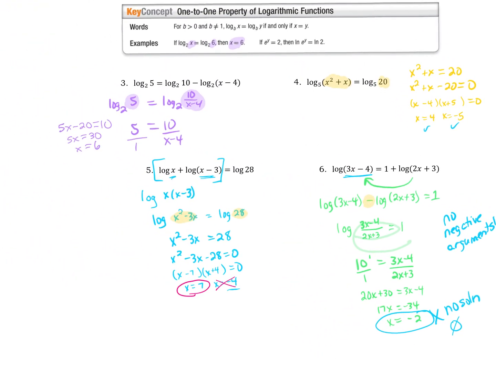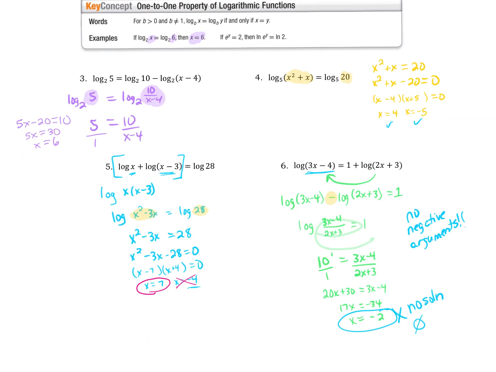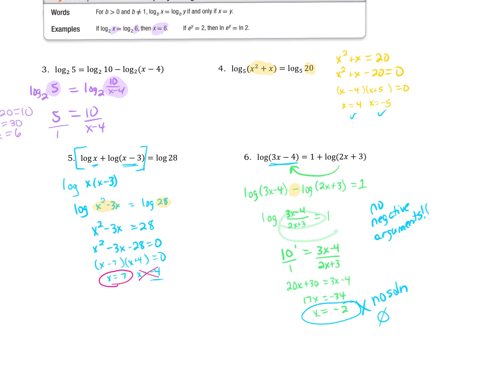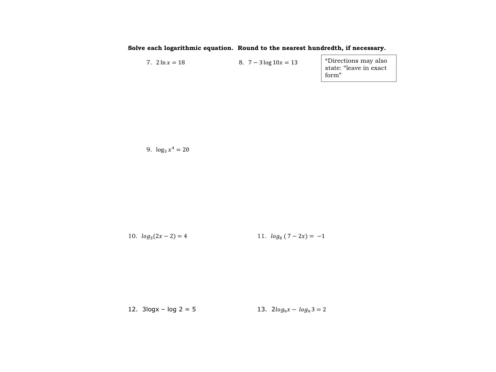Okay, so if we can rewrite so that we have logarithm equals logarithm, then we can focus on just that other stuff, right? That's what we did for numbers 3, 4, and 5. Number 6 is kind of a precursor of what we're about to look at, right? So I want you to think about this, and I want you to make a huge note on this page. If you notice, all of these are logarithmic equations.